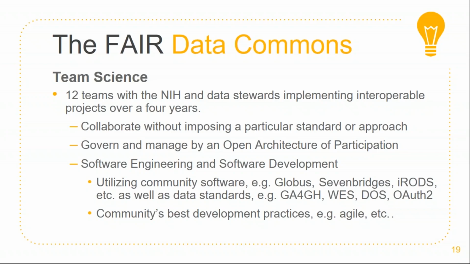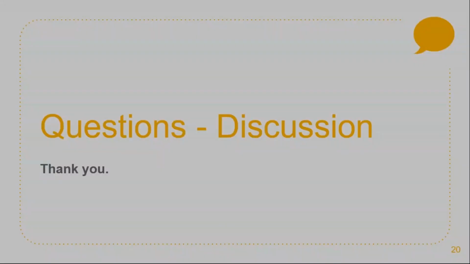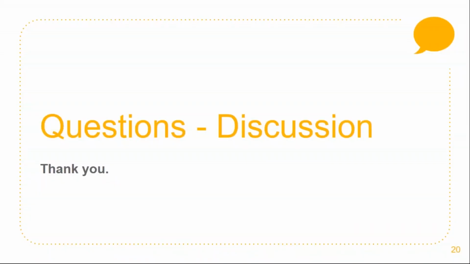We govern and manage by the open architecture of participation, which you can Google, that's actually a thing. It's a framework that we're using. We are trying our best to adopt best practices in software engineering and development. And of course, we're leveraging as much of everybody else's work as we possibly can, because this is not being done from scratch. And with that, let's see, questions, discussion.